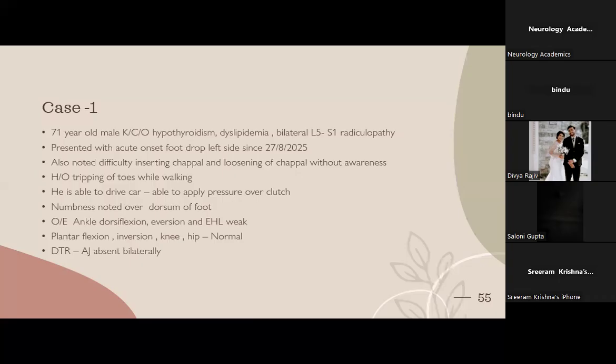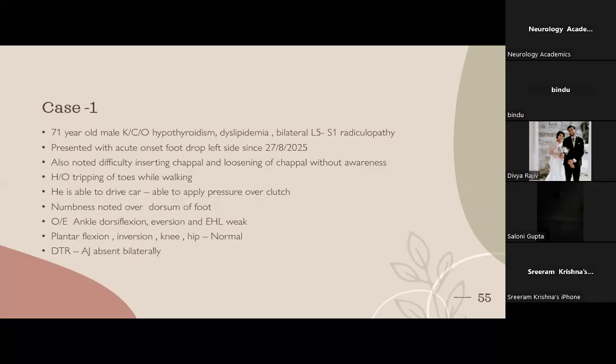And he had tripping of toes while walking, which may be due to weakness of the toe extensors. He is able to drive a car and apply pressure on the clutch, that is, plantar flexors are normal, and he has numbness over the dorsum of the foot.